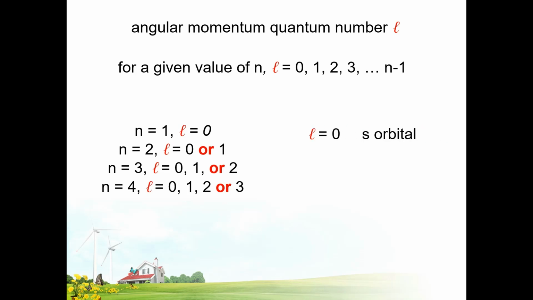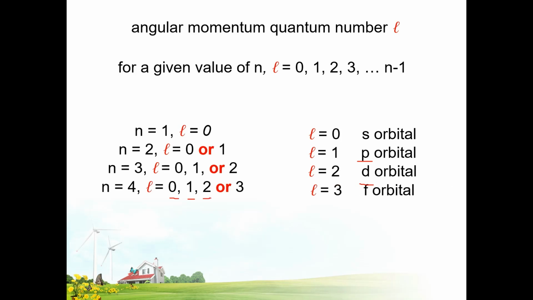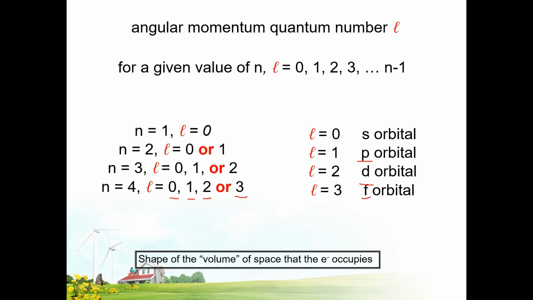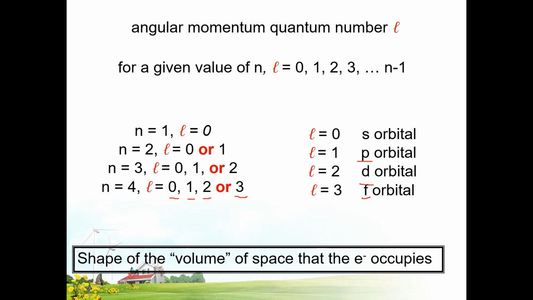So the orbital would be s orbital because it has 0, p orbital because it has 1, d orbital because it has 2, and f orbital because it has 3. So this determines the shape of the volume of space whereby the electron is occupying that space.